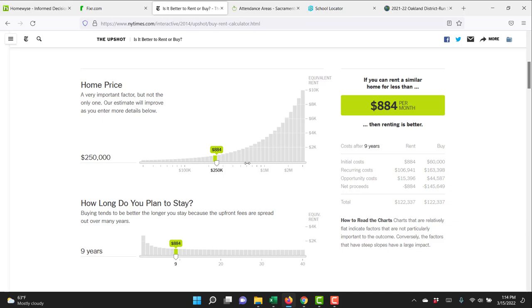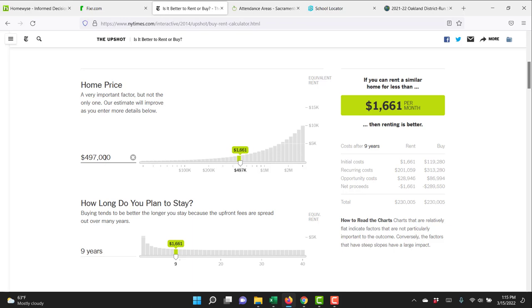So let's look at this first one, house price. You can see here that it's extremely non-linear. This is the opposite of flat. So we can see that the home price is a very substantial factor in this particular calculation. Let's say we're looking at a house that's listed for $500,000. I'm going to move this slider to 497, close enough.